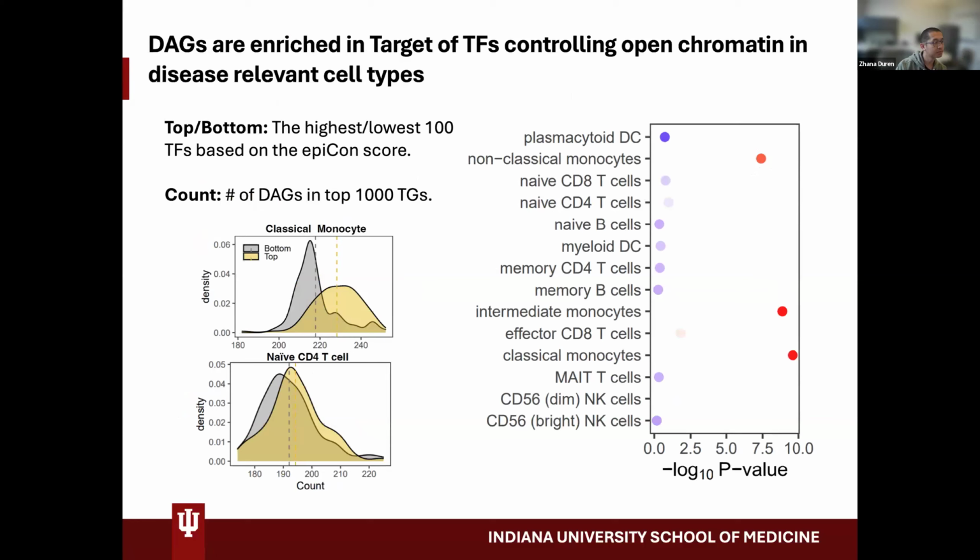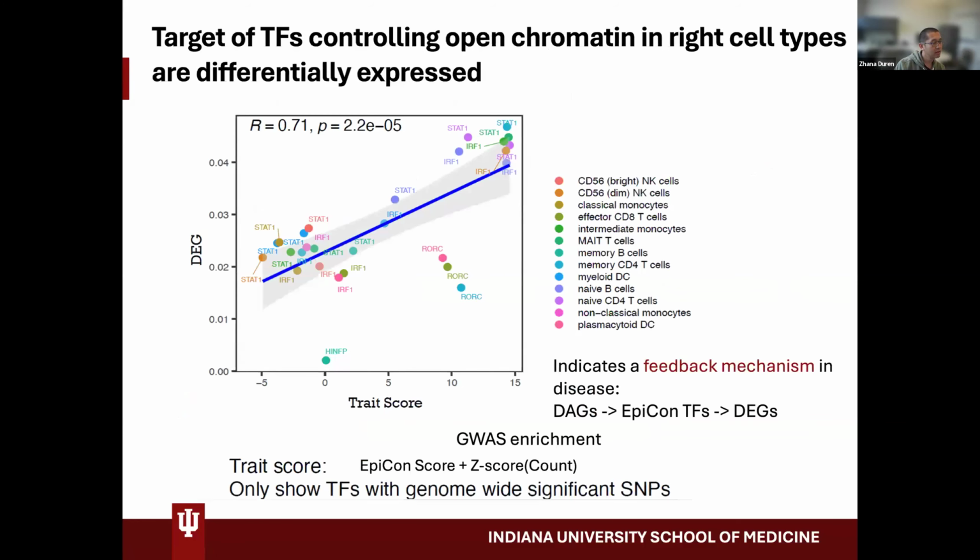GWAS enrichment. Then we also find one interesting thing: the differentially expressed genes and GWAS genes do not have a very good overlap. But if you look at their upstream regulators, they are highly correlated. Each dot is one transcription factor.